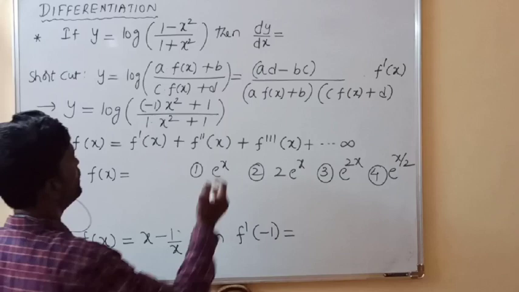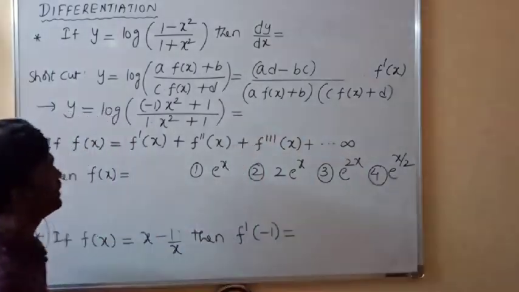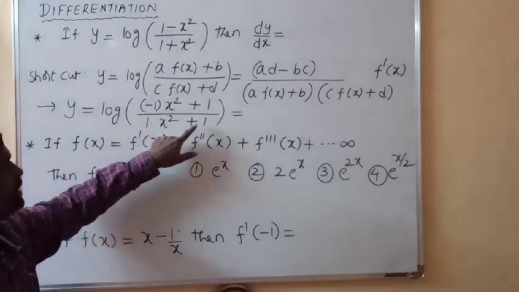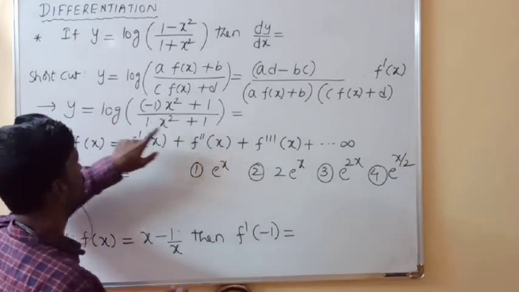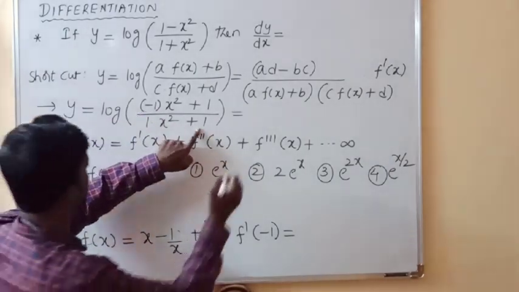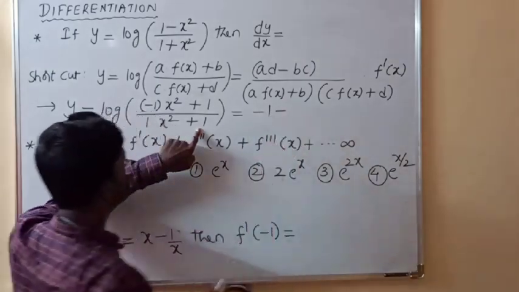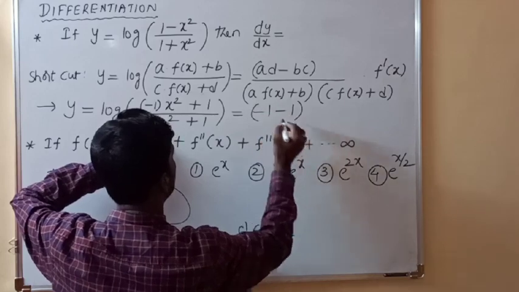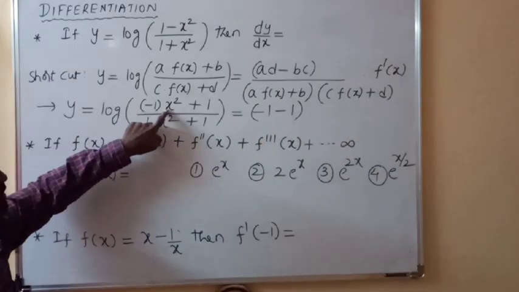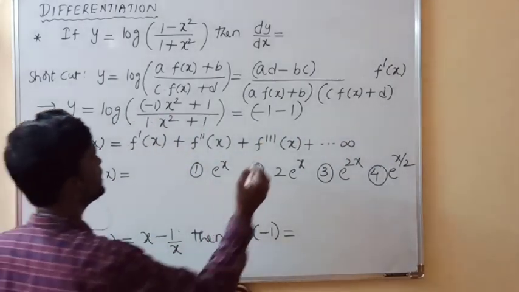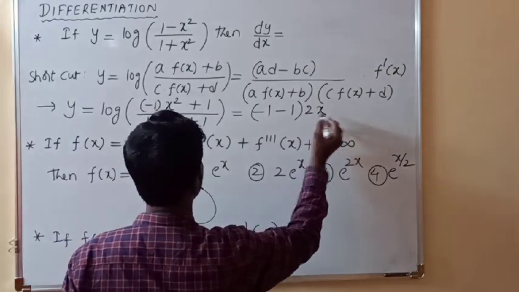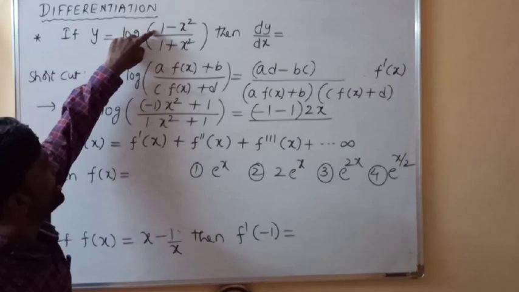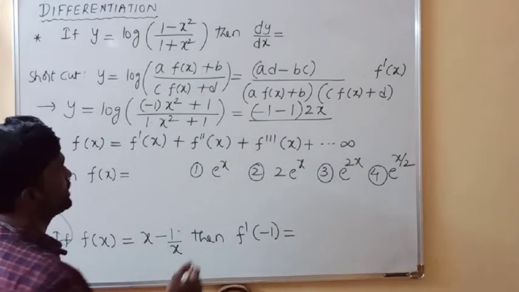Then using this shortcut, what will you get? Cross multiplication: minus 1 into 1, minus 1 into 1, into the derivative of f(x). Here instead of f(x), we have x square, whose derivative is 2x, divided by numerator into denominator, nothing but 1 minus x square into 1 plus x square.